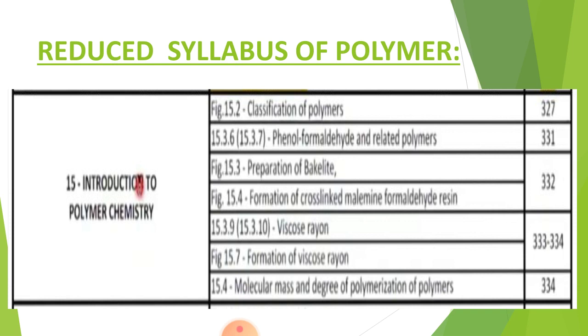In that, plant polymer, animal polymer, synthetic polymer. Plant and animal come under natural polymer, then synthetic polymer, semi-synthetic polymer. Then classification based on the structure: linear polymer, branched, cross-linked. Classification based on the mode of polymerization: addition, condensation, ring opening.